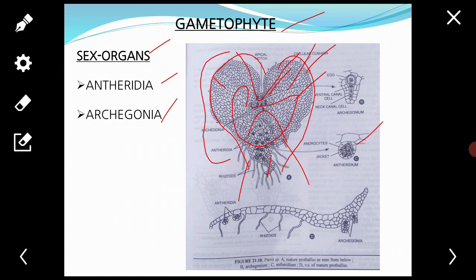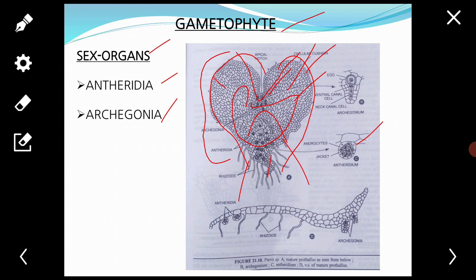Structure of mature antheridium. Each mature antheridium is a small, sessile, and globular body, which is embedded in the ventral side of the gametophyte but projects above the surface.